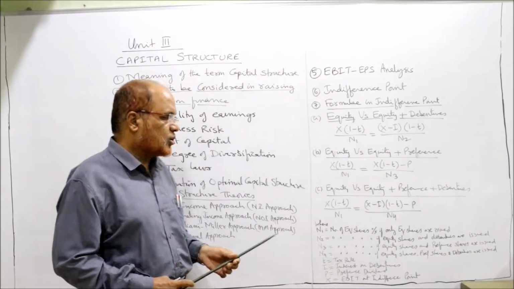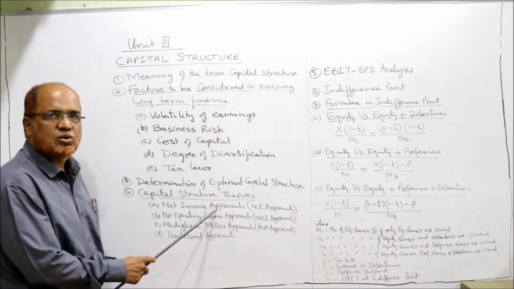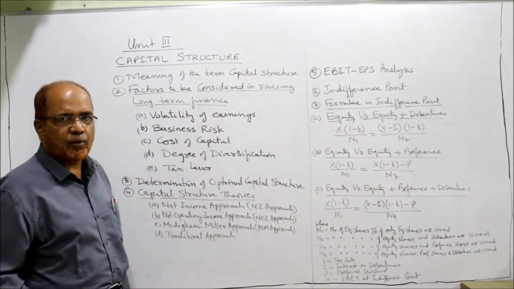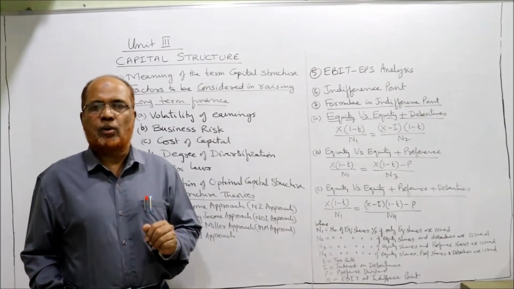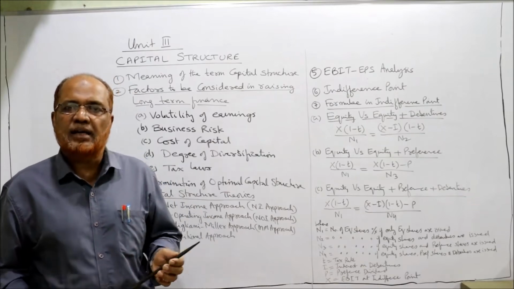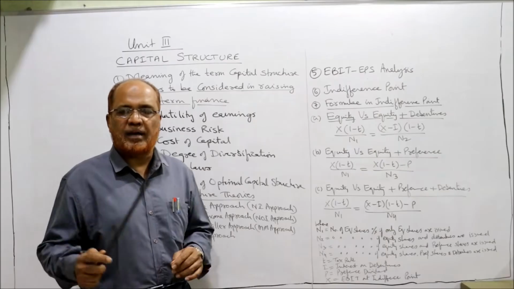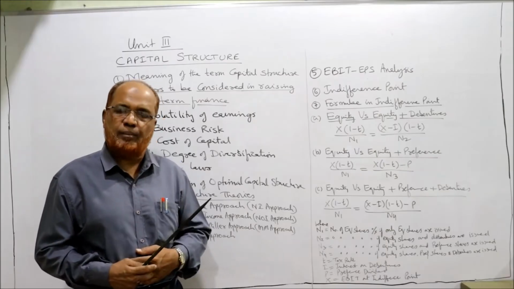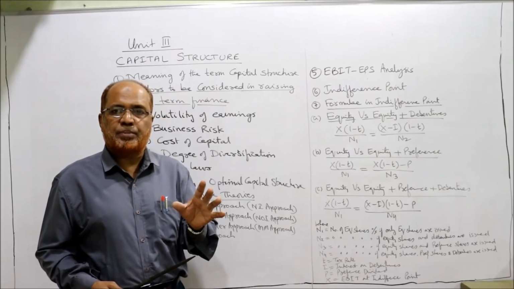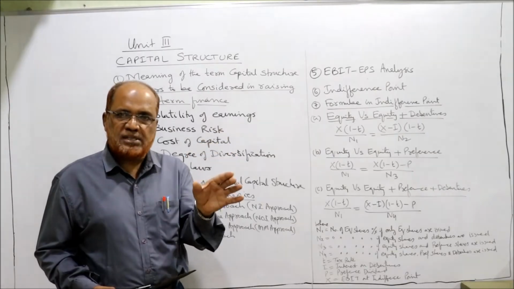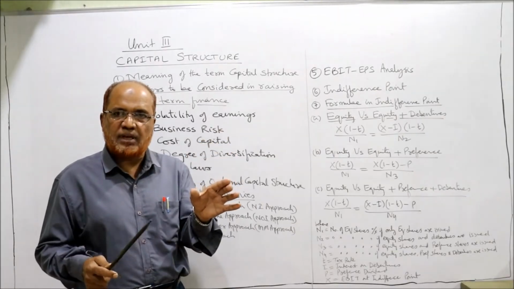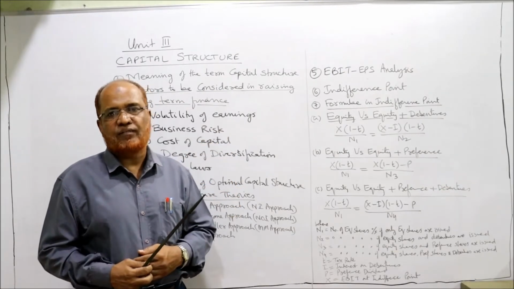Net income approach, or NI approach, it is called. According to this approach, there is a direct relationship between the capital structure and the market price of the share, the value of the firm. There is a relationship between the capital structure, cost of capital, and the market value of the firm.